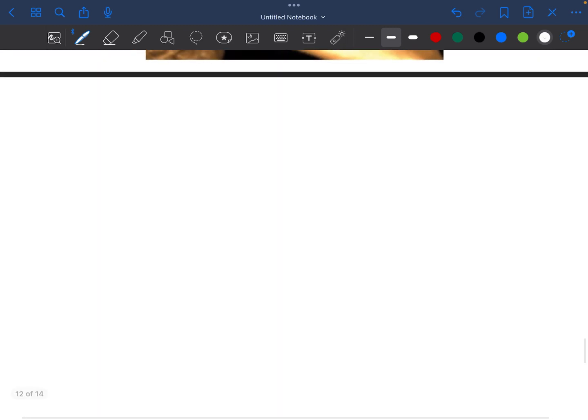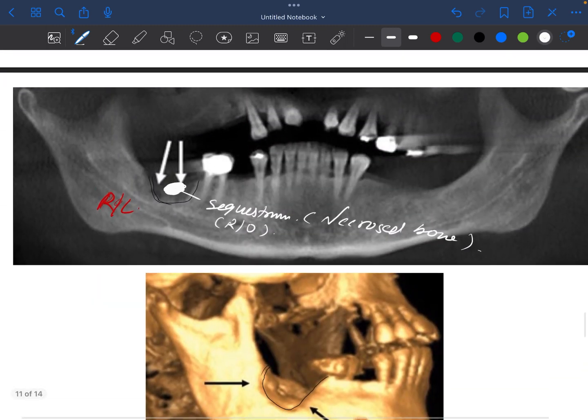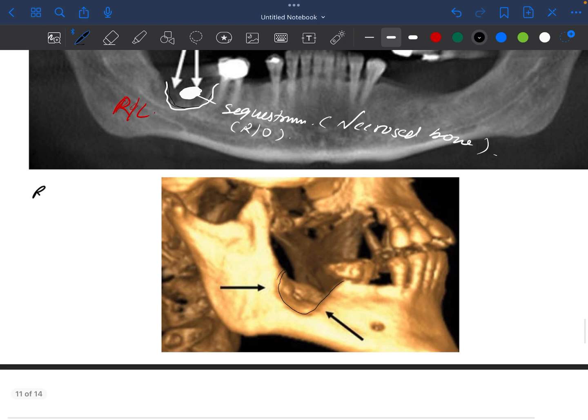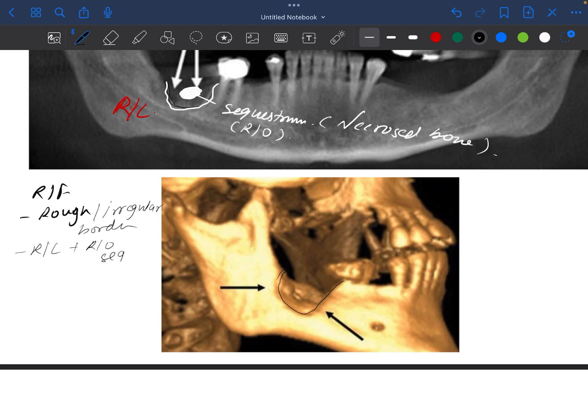Correct? So you will have a roughened border, right? Radiographically, the features will be the same with osteomyelitis: a rough or irregular border, radiolucent with radiopaque sequestrum.